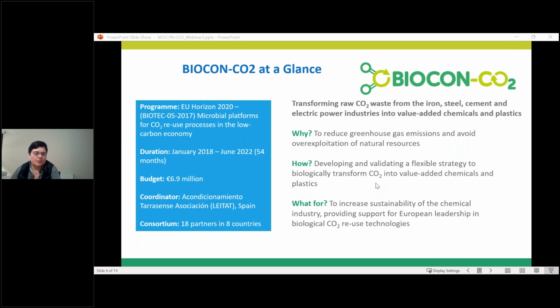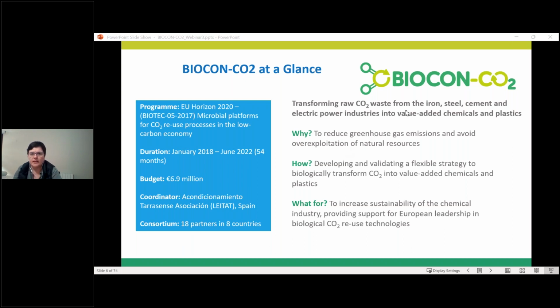The project starts January 2018 and will finish in June of this year, 2022. We have an overall budget of almost 7 million euro, and it's coordinated by LEITAT. You will see in another slide that we are 18 partners located in 8 different European countries.